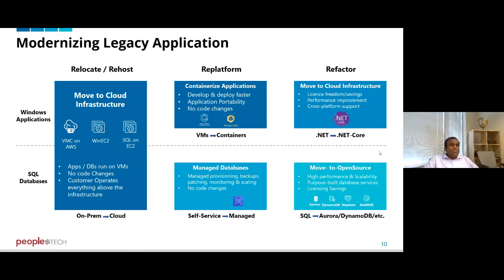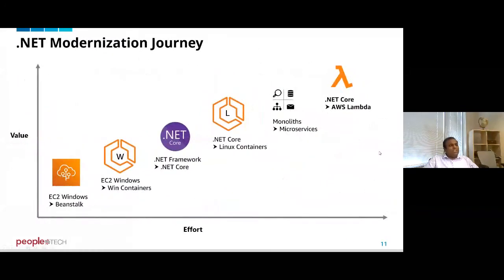Now, let's quickly move on to the next slide, and let's talk about how that .NET modernization journey looks. On this slide, on the x-axis we have effort, and on the y-axis we have the value. When you take your application and move it to an EC2 instance on AWS, you're moving it quickly, but you don't get a lot of value.